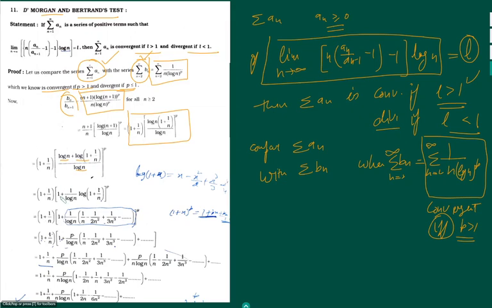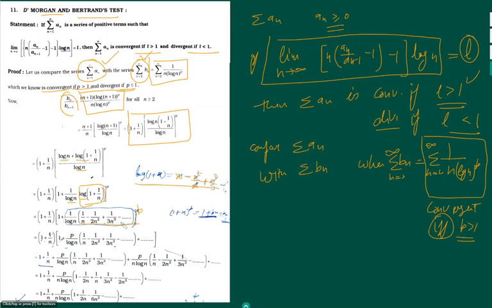So this is equal to 1 plus 1 over log n into log of 1 plus 1 over n, raised to power p. All right, so you expand log of 1 plus 1 over n by using this formula. Log of 1 plus x is equal to x minus x square by 2 plus x cube by 3 minus x4 by 4 and so on. So log of 1 plus 1 over n can be expanded like this. We have raised to the power p here.